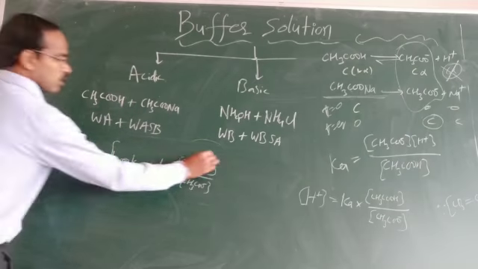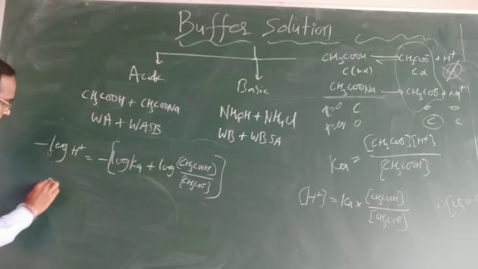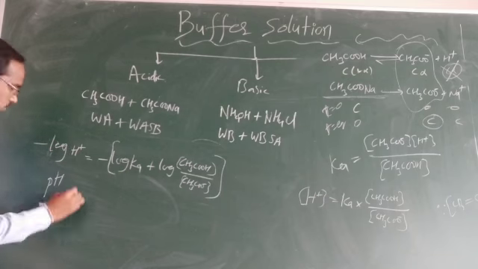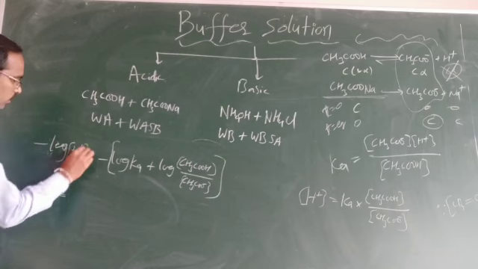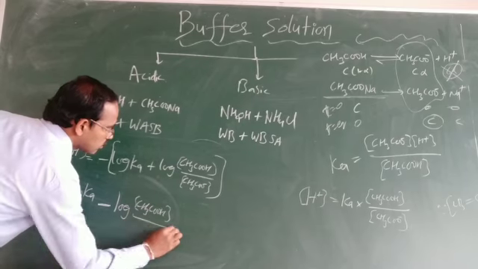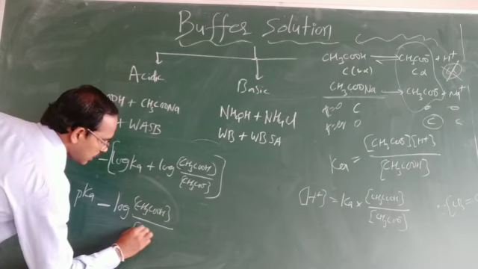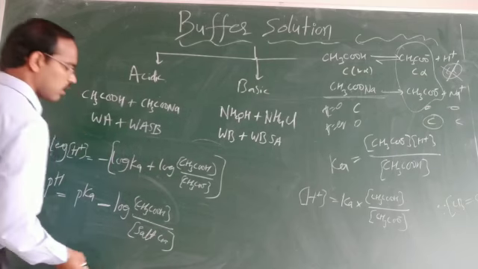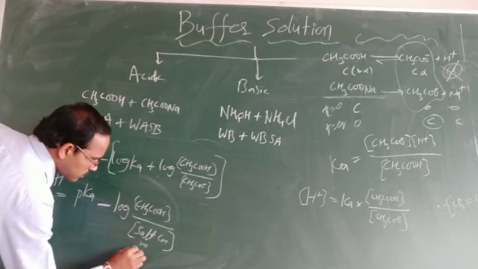So pH equals minus log Ka, which is pKa, and then minus into minus, minus into plus, minus log of CH3COOH upon the salt concentration, or I can write conjugate base.